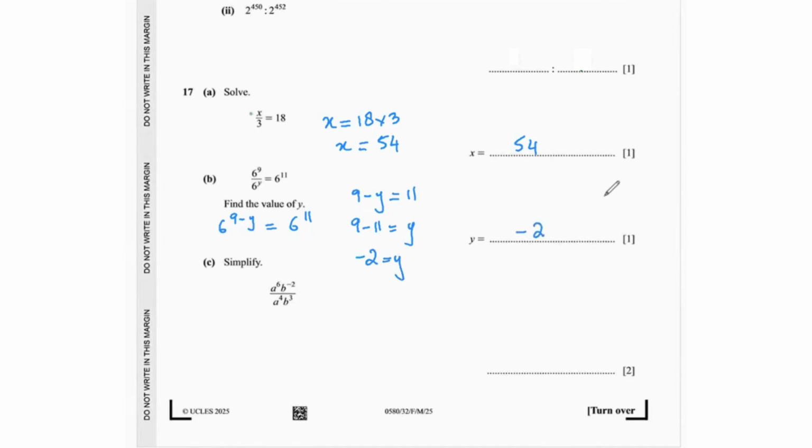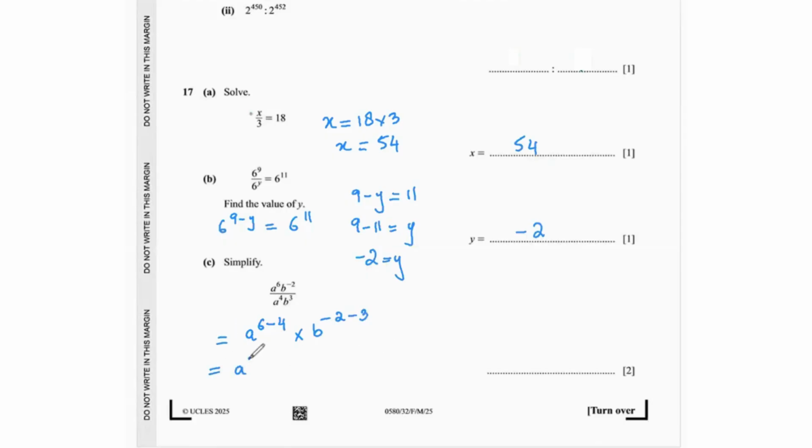So y is -2. Then simplify a to the power of 6 times b to the power of -2 divided by a to the power of 4 times b to the power of 3. Same rule again, similar bases being divided, we subtract the powers. So a to the power of 6 minus 4 times b to the power of -2 minus 3.